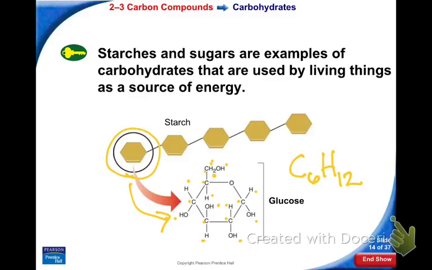See the little 2 there? That means there's 2. And how many oxygens? 1, 2, 3, 4, 5, 6. This is the molecular formula for glucose. And glucose is the building block structure for all monosaccharides. We'll talk about monosaccharides and polysaccharides in a second. Just remember that formula, C6H12O6. It's going to be real important.